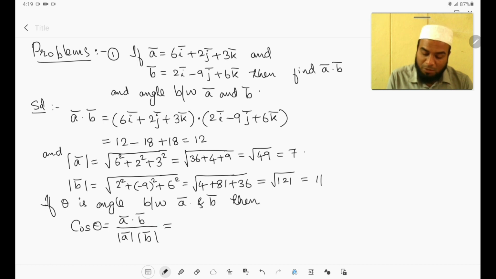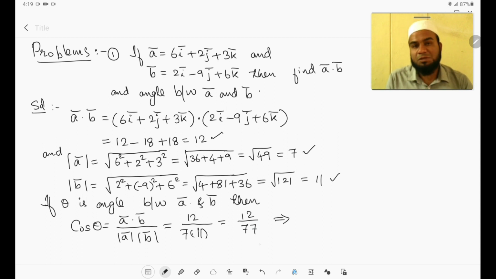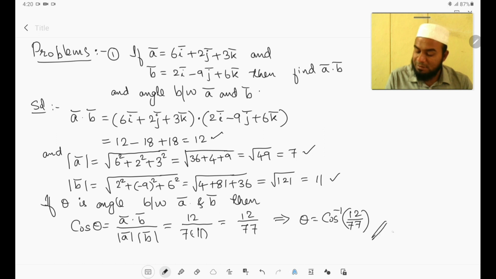A bar dot b bar we have computed as 12, divided by mod a bar, which is 7, into mod b bar, which is 11. Multiply these two: 7 into 11 is 77. So cos theta equals 12 by 77. We need theta, so sending the cos to the other side, theta is cos inverse of 12 by 77. This is the required angle between the given two vectors a bar and b bar.